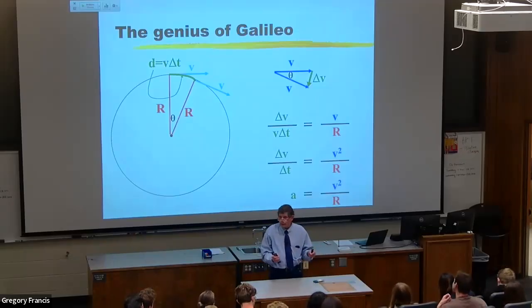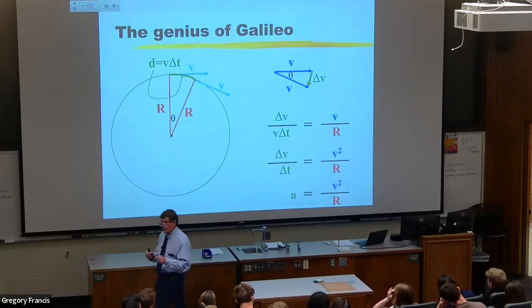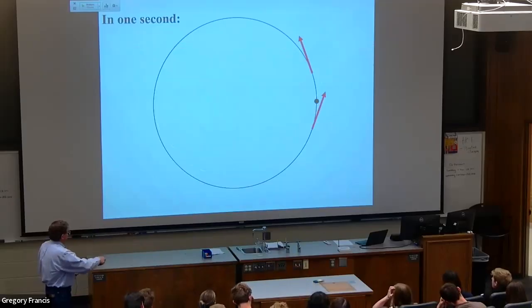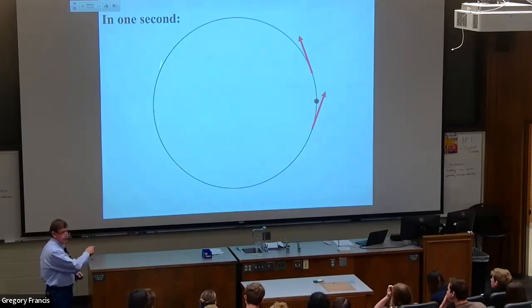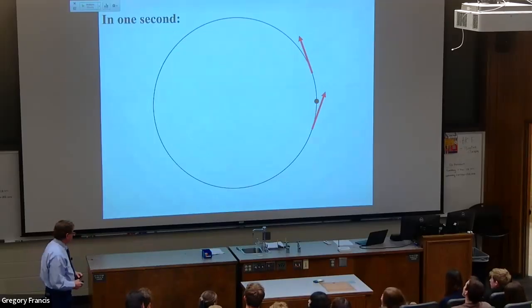Now, I'm going to derive it a different way with the help of PowerPoint and just being careful with the length of vectors. Suppose you're going around this circle in some sort of vehicle and you've got cruise control set at 30 miles an hour.